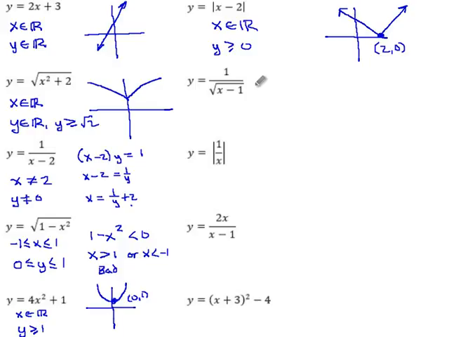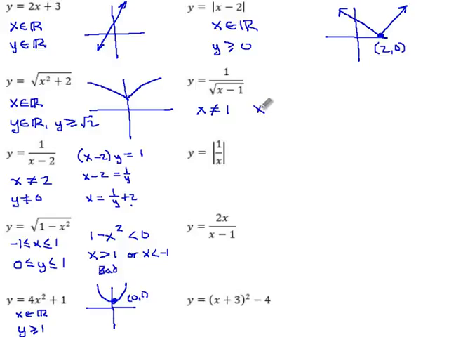1 over the square root of x minus 1. Well, if we solve for this, sorry, we'll be solving it for x in a moment, but I take that back. First, we have to worry about the x values. x can't be 1, because if it is, we get 1 minus 1 is 0, and division by 0 is undefined.